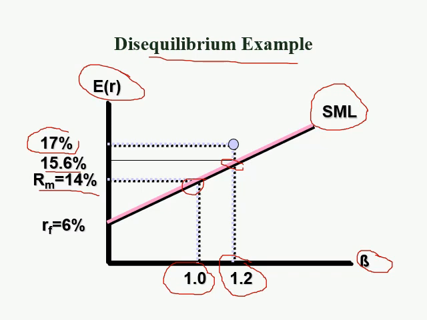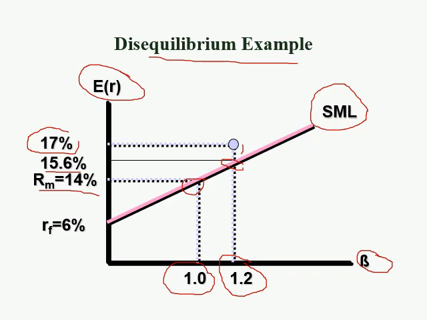But if the actual return of this stock with beta equal to 1.2 is equal to 17%, here we are in a disequilibrium situation, because the actual return of this stock is above the SML and is above the fair return. So alpha will be positive, and alpha will be the distance between the SML and the actual return.